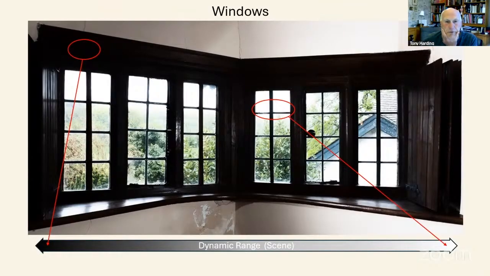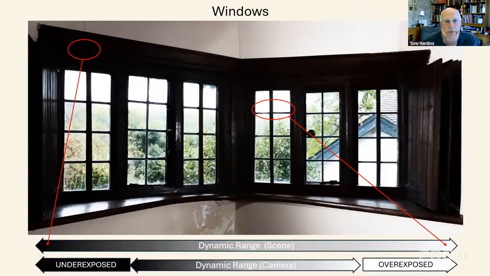And the problem we've got in photographing something like that is cameras don't have a wide enough dynamic range to cover the whole range of tones of light levels in that scene. So we've got the camera in the middle there. We're going to have some shadowy bits here that are underexposed with a complete lack of detail. And we're going to have some bright bits here that are overexposed and again, lacking detail.